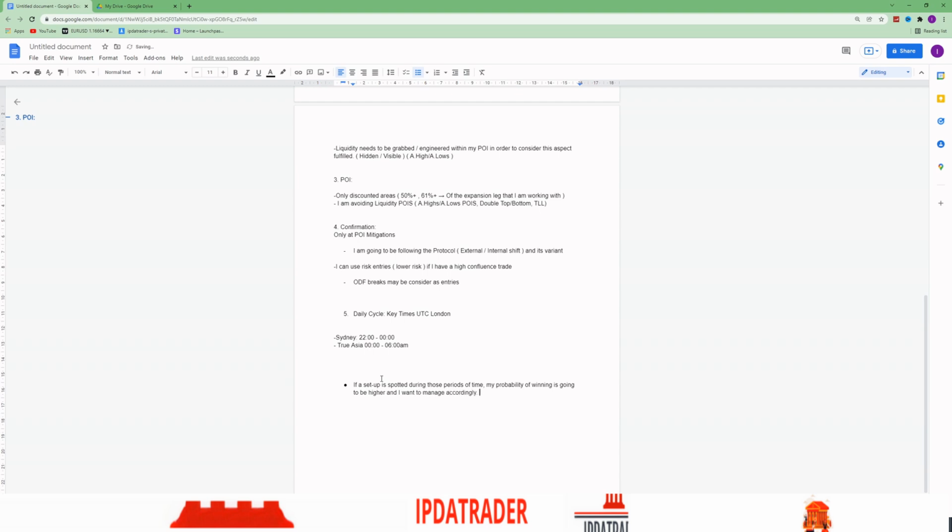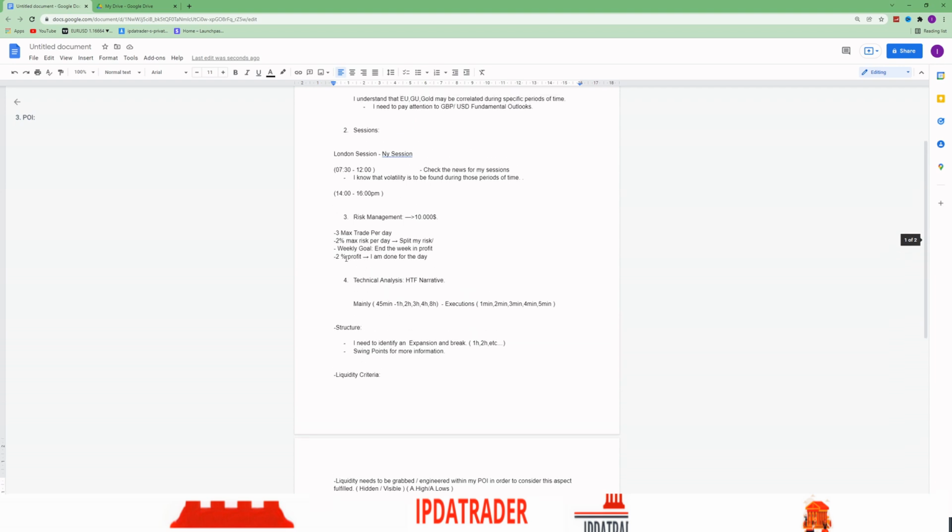Okay, very simple. That means that if I take a buy at London Open after taking an Asia low, then I may want to be using a higher risk, because I've seen that many times. We have the daily cycle in confluence, we have a high probability trade. You want to be exploiting that, right? Nevertheless, you still want to be within your risk parameters, okay? You cannot get above this over here, 2%.